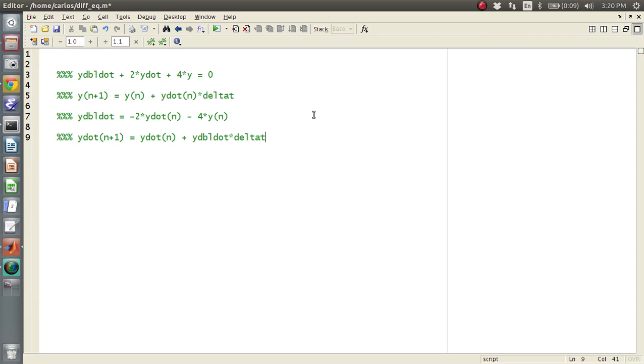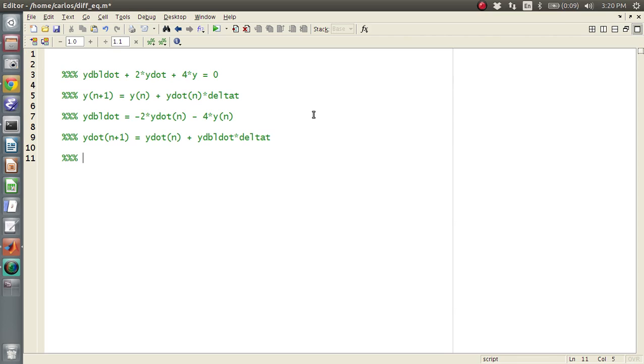Now that's all well and good, but instead I'm going to write this in matrix form, and I'm going to say that my vector z of n plus 1 is equal to 1, delta t, negative 4. Let me write this in a better notation.